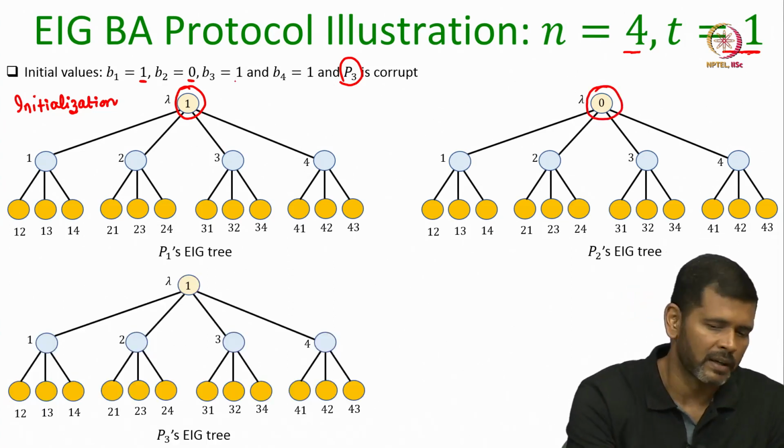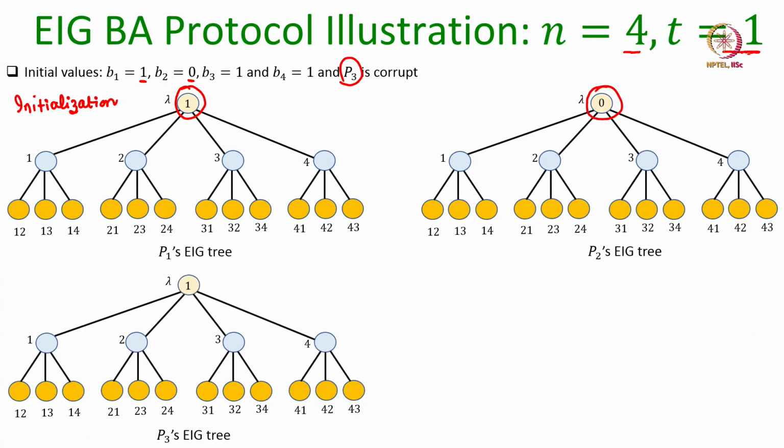Now, P3 is corrupt, and we do not know what exactly is the input that P3 would like to consider in the protocol. It completely depends upon P3, because we have absolutely no control on the behavior of the corrupt parties. So, imagine for the moment that P3 sticks to the input 1.